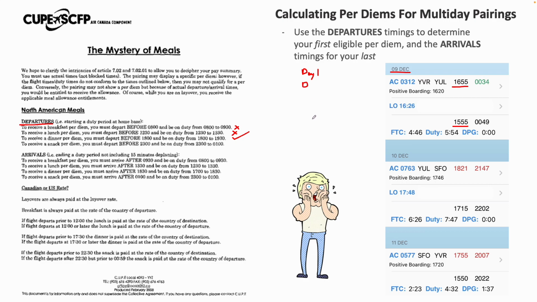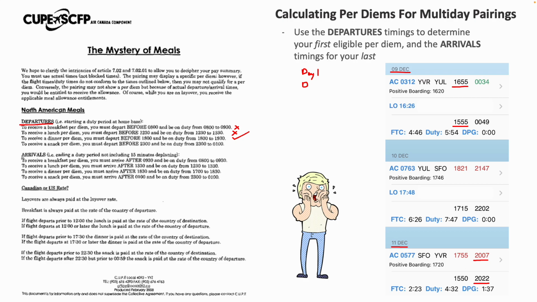It's then easiest to skip over everything else and go down to the last day of the pairing, which is December the 11th, and then look at the arrival time of the last flight and the checkout time of the last flight.